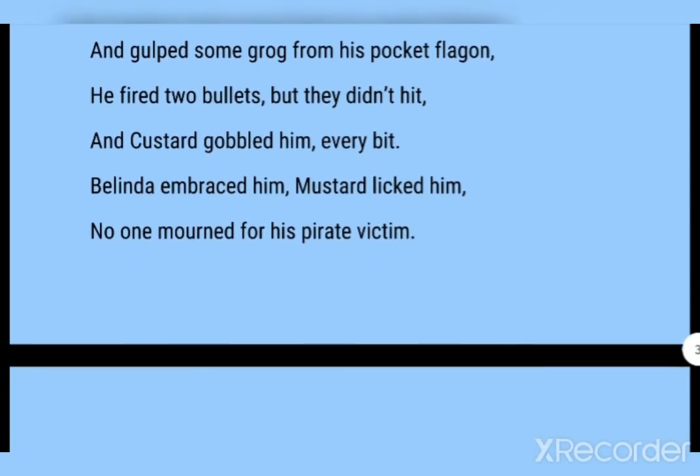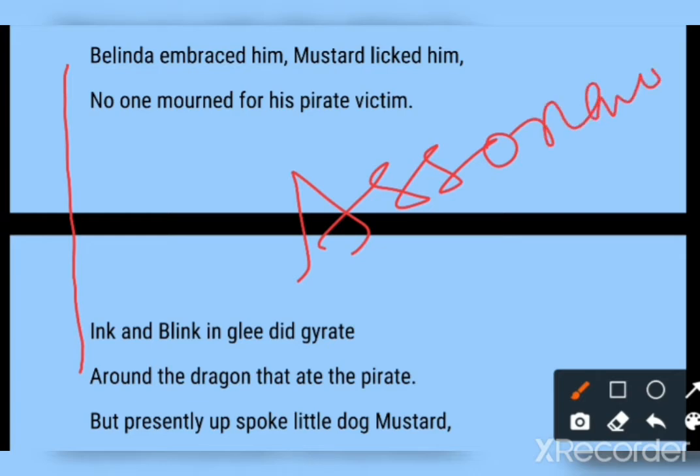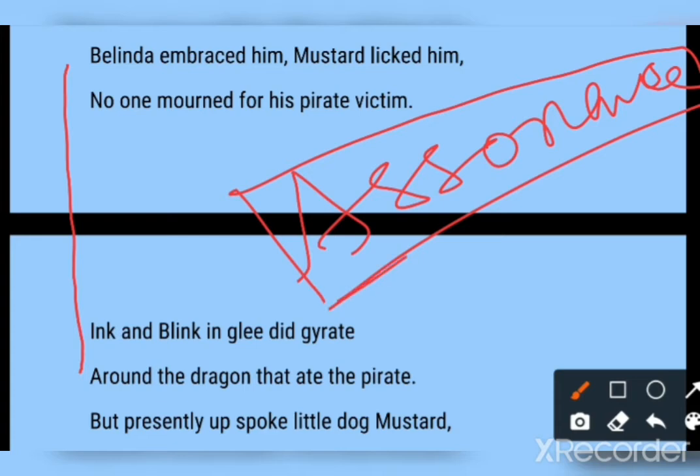And then we have another stanza. In this stanza we have a poetic device employed here, that is assonance, the repetition of vowel sounds. See, no one mourned, so here the sound o is repeated.